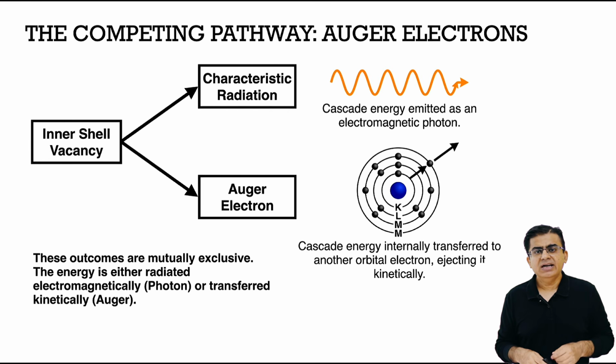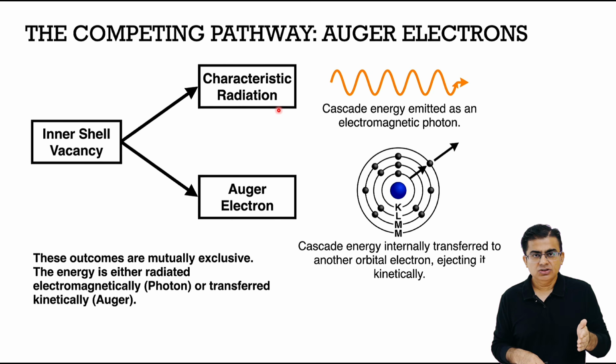Let us now look at another very important competing process. We just learned that an inner shell vacancy leaves our target atom highly unstable. I want you to firmly understand that the atom actually has two different ways to fill up this vacancy. The first way is exactly what I just taught you in our previous slides.